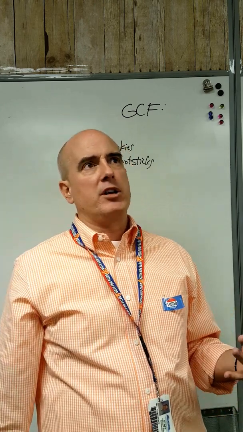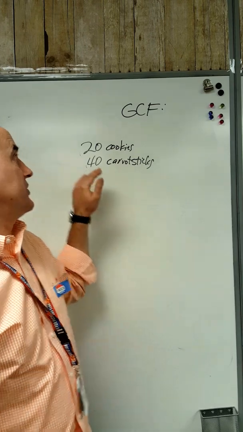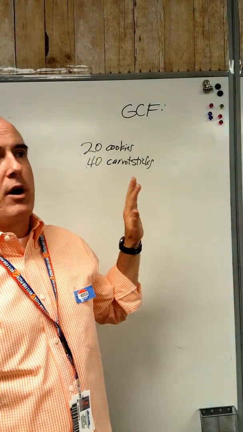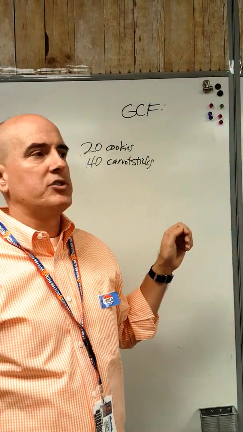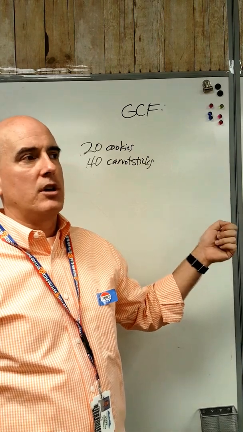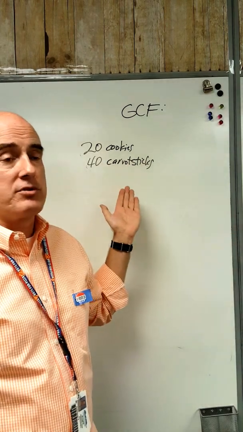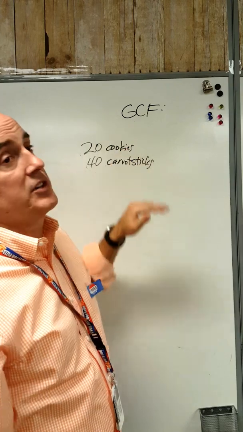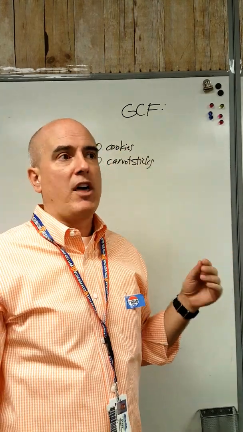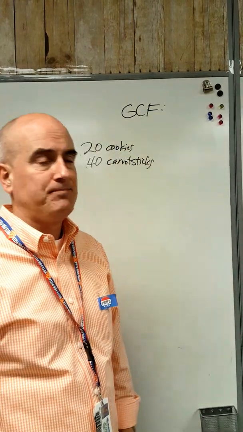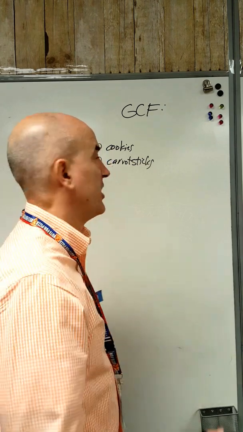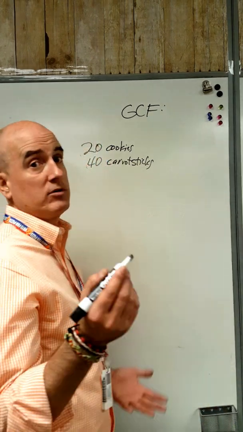So what they're thinking about here is if we were going to divide this up equally, right, so everyone got the same amount, what is the most number of people that we could divide this up by? Both numbers. So we call this the greatest common factor, the largest number that you could divide both of these numbers by. We have a lot of ways of finding it, but a common way is to talk about factors.